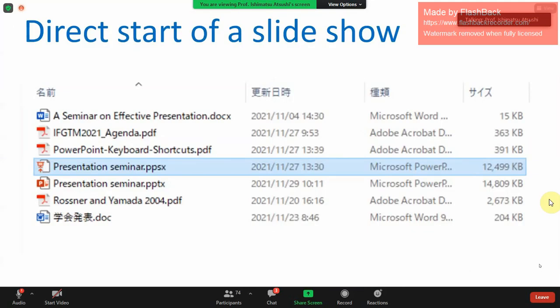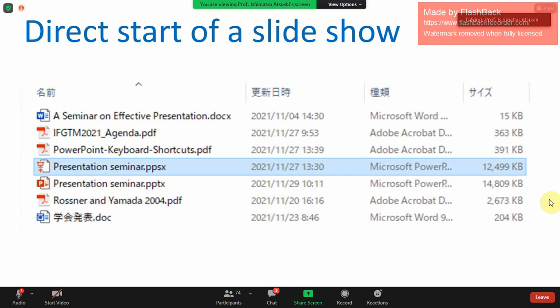Oh, another thing is, there are two files with the same content. Now I am using this one, PPTX, which is an ordinary PowerPoint file type. When you click this one, PowerPoint starts, and then you start the presentation, okay?